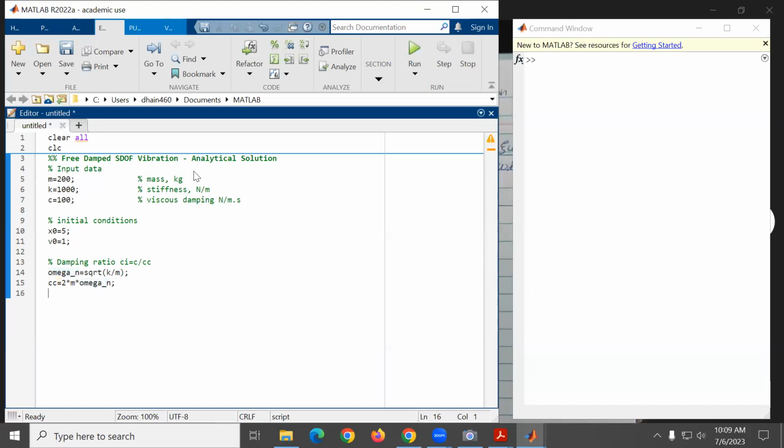Okay, so that zeta, which I call here CI, we know will be equal to C divided by C critical.